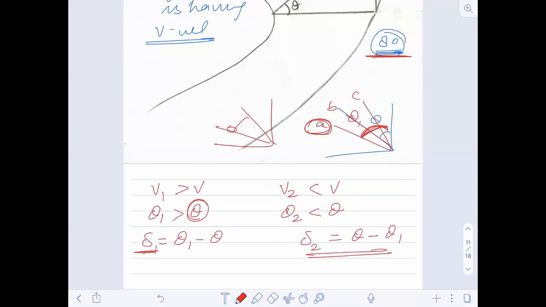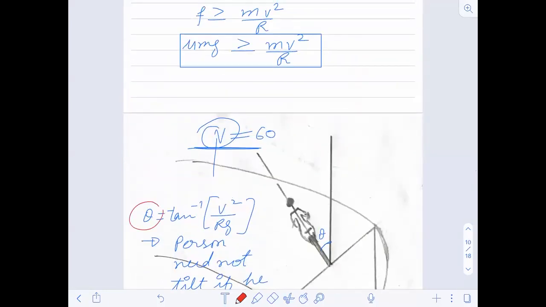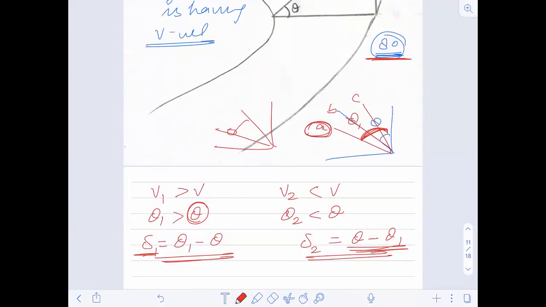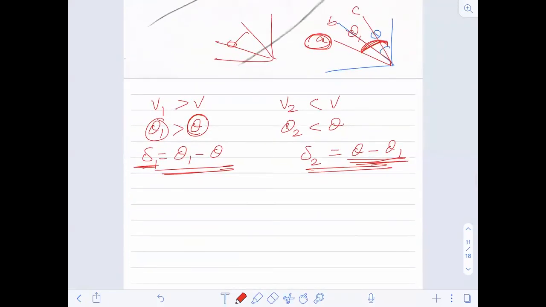Now in advance you may have an option corresponding to this also. You may have an option with theta, or only theta 1, theta 1, delta 1, and delta 2. So you may have all these four options, and the question may be how much he has to tilt.